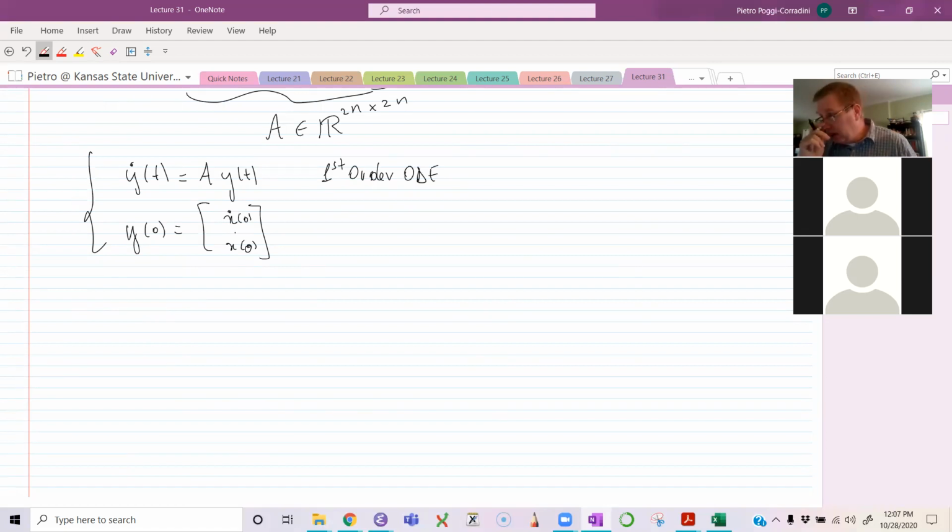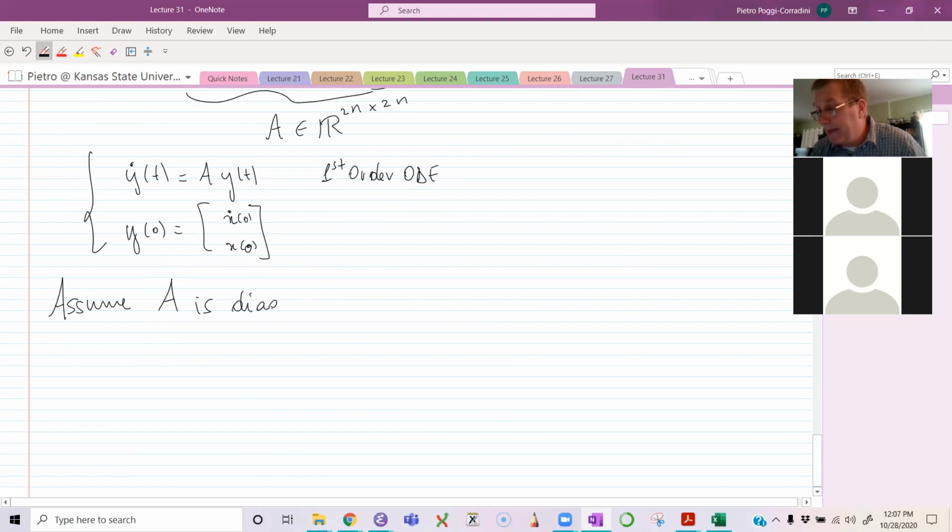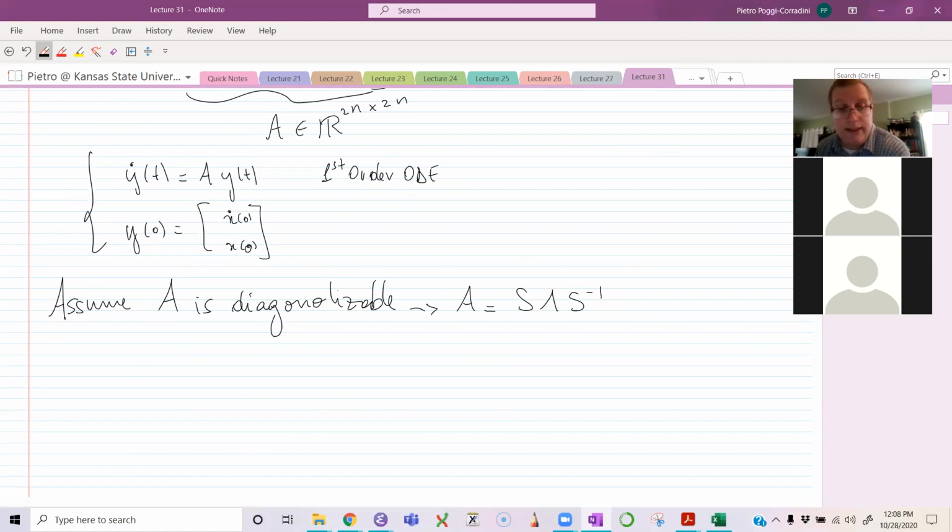All right, so let's assume that A is diagonalizable. Right, so then we can write it as S Lambda S inverse as before.